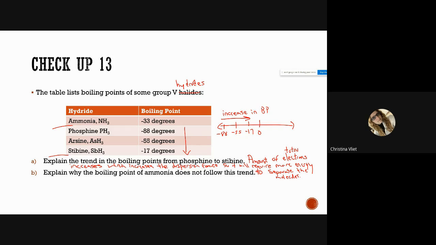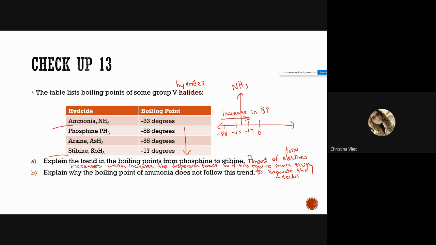And so then the second part says, well, what about ammonia? NH3. That's the smallest of them all. It has the least amount of electrons. Why is the boiling point higher than expected? So remember, this is NH3, right? It's not the highest of them, but it's much higher than expected. It should be lower than -88, right? But it is because, absolutely, hydrogen bonding.